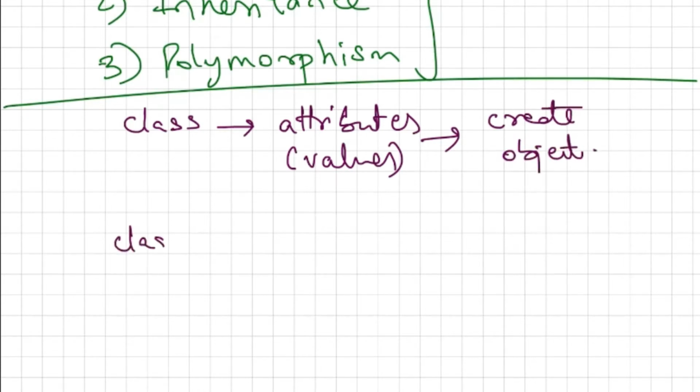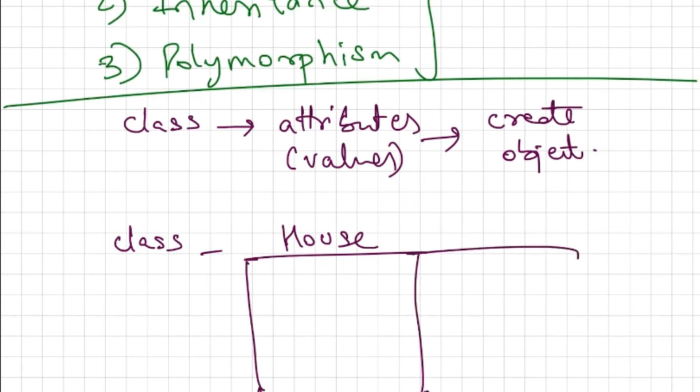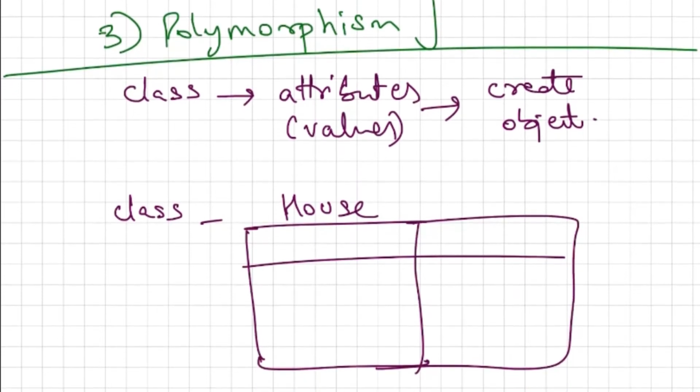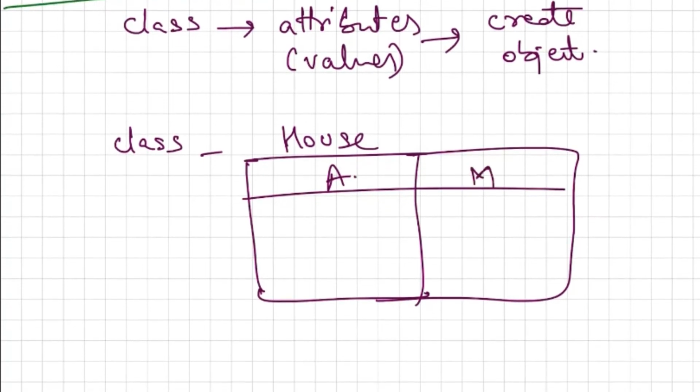For example, we take back the same house class or home class, which has two sets: attributes and methods. So we had room, bath, bed, door, whatever.